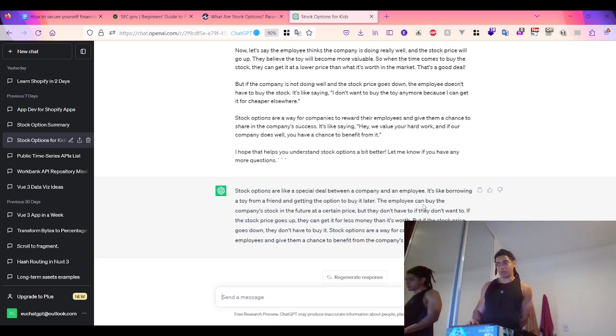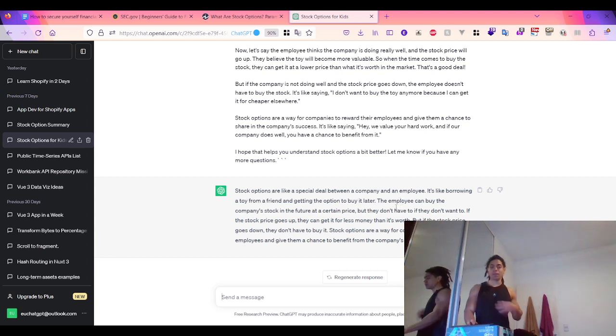So the employee can buy the company stock in the future at a certain price, but they don't have to if they don't want to.